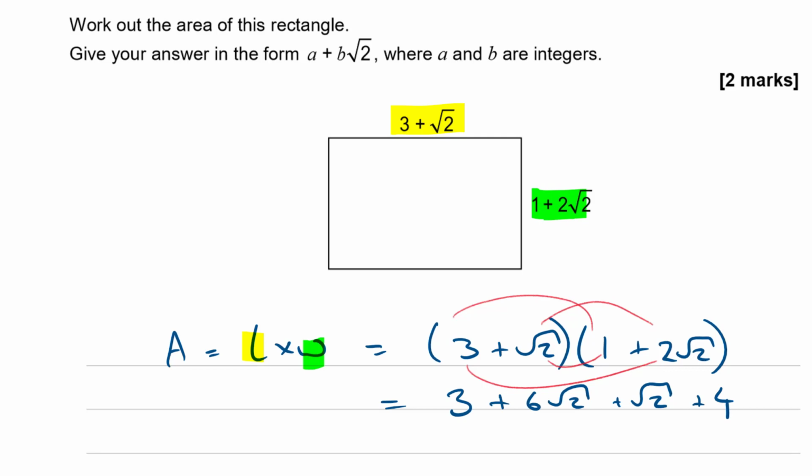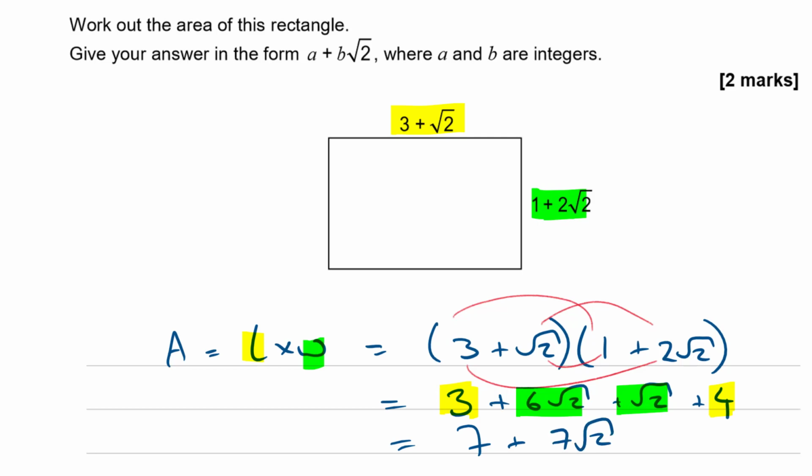So I get 3 plus 6 root 2 plus root 2 plus 4. So you'll notice I've got two types of terms here. I've got numbery terms, 3 and 4, and I've got terms in root 2. So let's combine those together. So 3 plus 4 is 7, and 6 root 2 plus root 2 is 7 root 2.